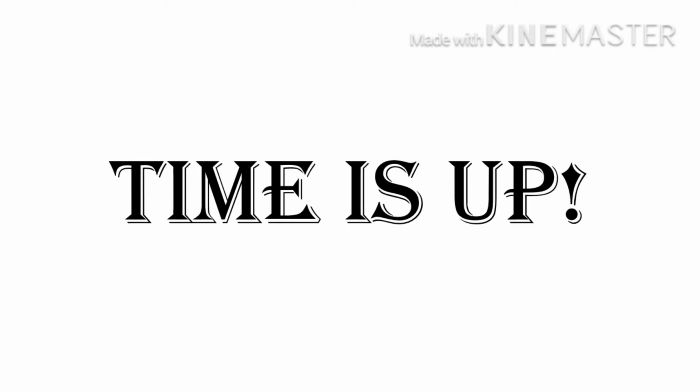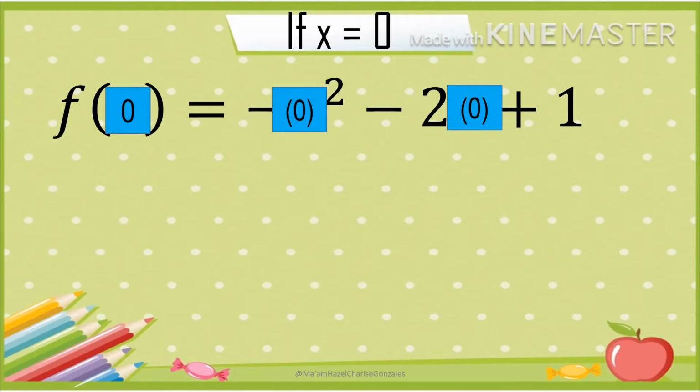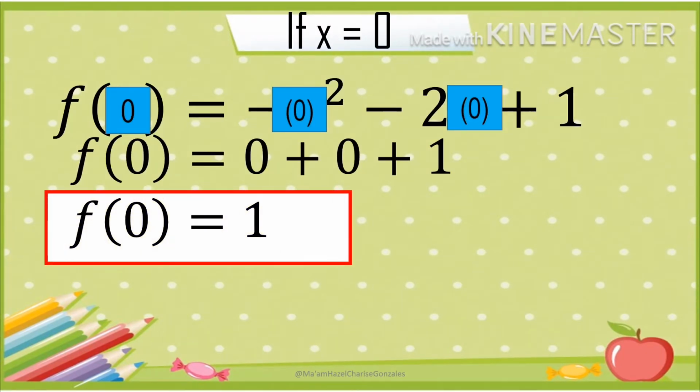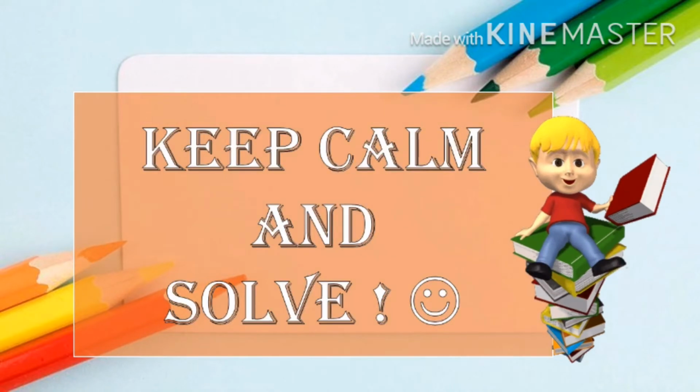Now let's check if we have the same answer. Changing all the values of x equal to 0, we have 0 plus 0 plus 1 is equal to 1. Then we have 0, 1. Do we have the same answer? If yes, very good. Keep it up. If not, it's okay. Always remember that mistakes are proof of trying.